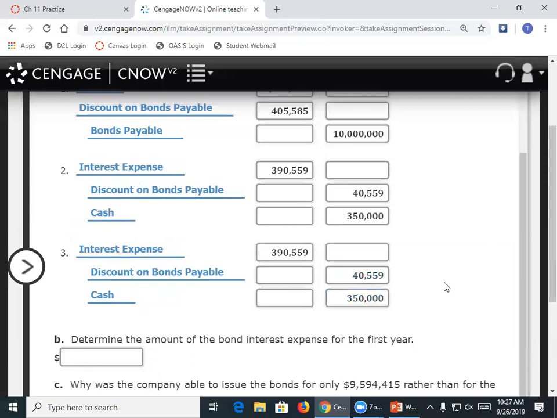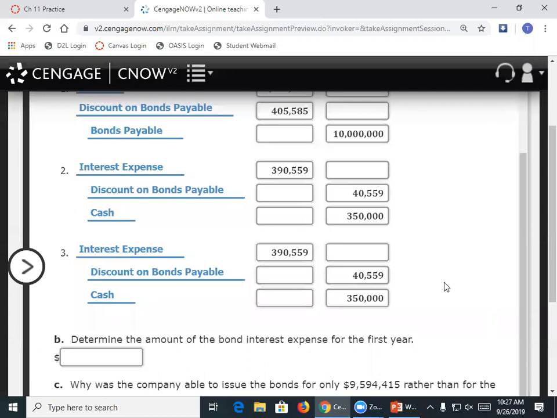They don't have it on here, but when this bond matures, we've spread out all the discount and paid all the interest. We're debiting bonds payable for the face value and crediting cash. So interest is always calculated, no matter how we issue a bond, as the face value times the stated interest rate times time.